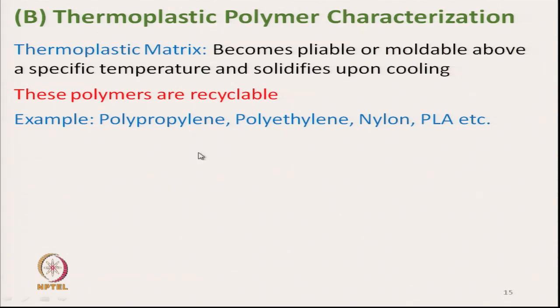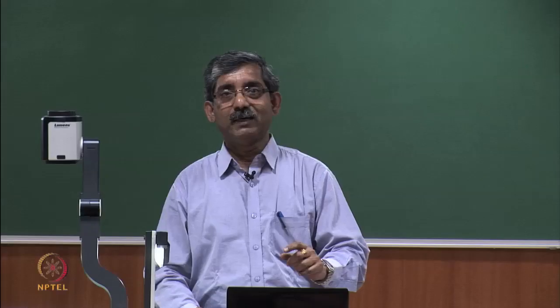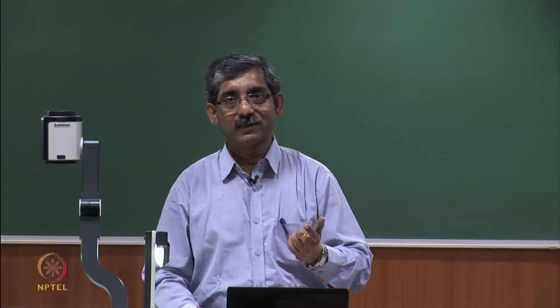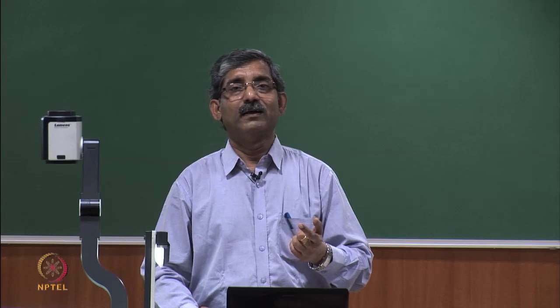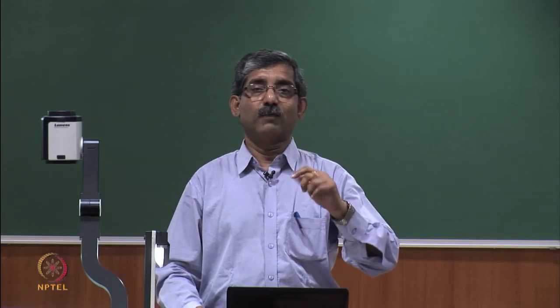As we have seen, a thermoset matrix does not become pliable or moldable once it has become solid, but a thermoplastic matrix is reversible in nature. After being solidified upon cooling, if we reheat, we can make it pliable again.